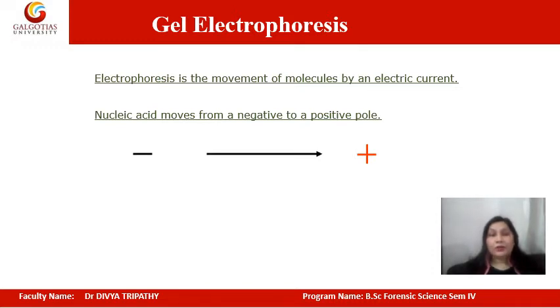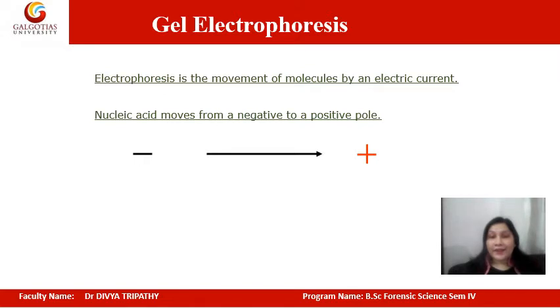If a molecule has a negative charge, we call it an anion, and if a molecule has a positive charge, we call it a cation. You should remember each and every time that the cation always moves towards the cathode and the anion always moves towards the anode.